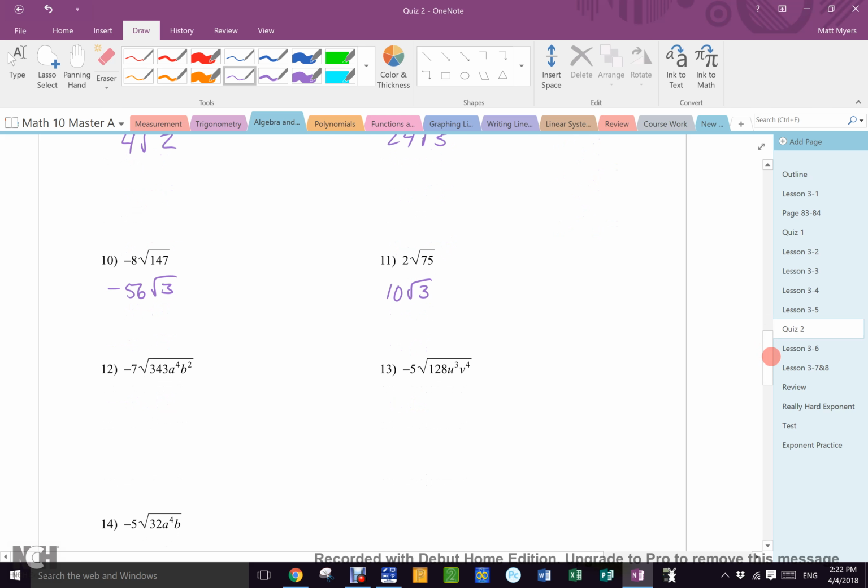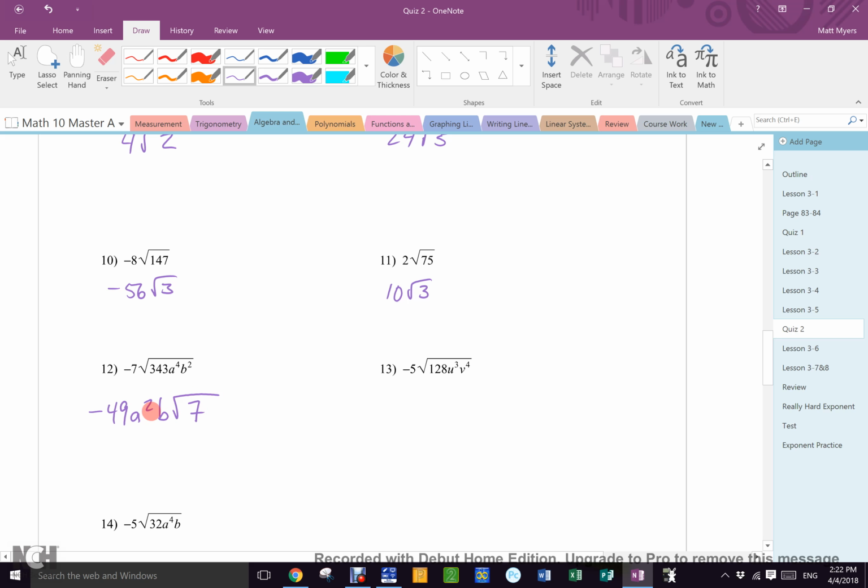Now, 12, 13, and 14 have letters, but does anything change? No. What do we do with the 343? What comes out to the front? Well, just what's the answer? And then I'll explain if I need to. Negative 49. A squared B root 7.